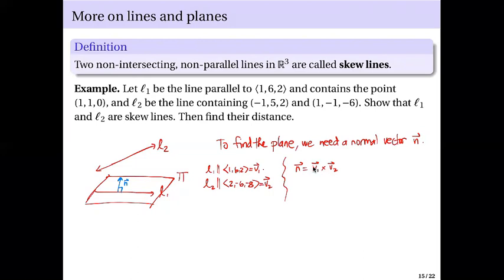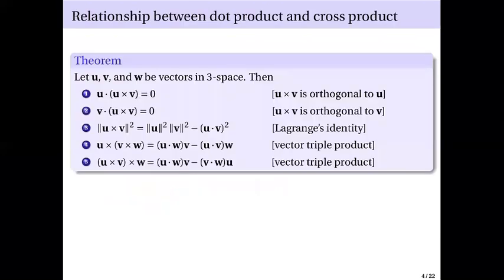Correct? So why are we taking the cross product of V1 and V2? If we go back to this property here, U cross V is orthogonal to U, so U dot U cross V is equal to 0. V dot U cross V is also equal to 0. U cross V is orthogonal to V.